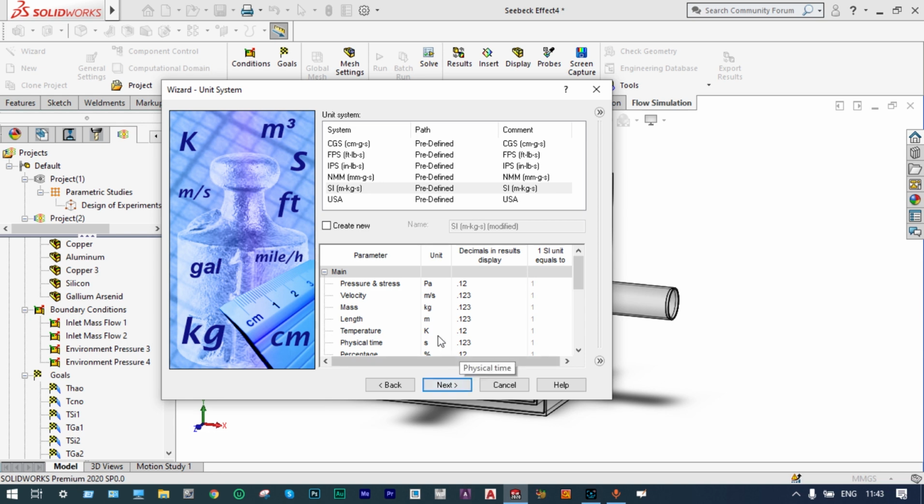Next to that, we have to select our unit system. Let us consider the unit system as SI, and if we want, we can create some user-defined unit or system also, but at this moment we are considering SI system. And as per normal practice, we will be taking temperature as degrees centigrade.